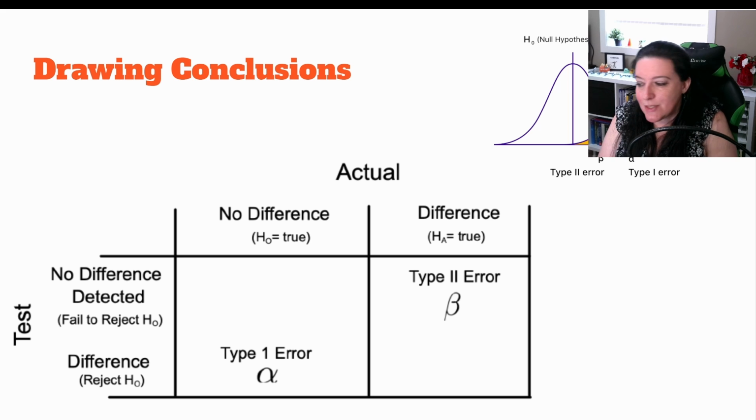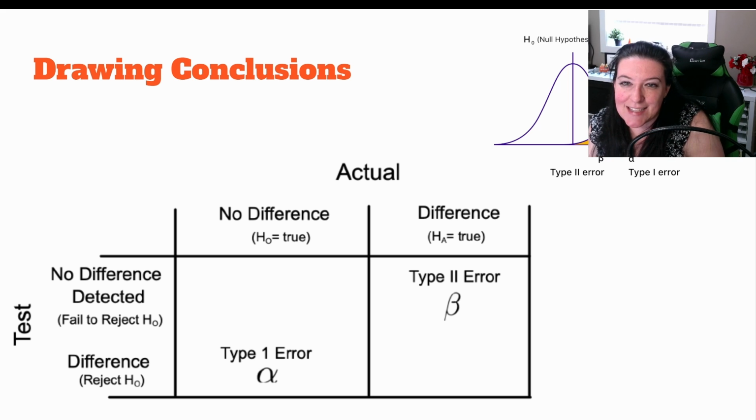And in stats, as you recall, a type 1 error is alpha. This is the chance that we say that there is a difference, and in this case that there's a difference in the amount of people at the east, south, and north locations, when in reality there's no difference. So we test it, we think we found a difference, but in reality there was no difference. That's alpha.